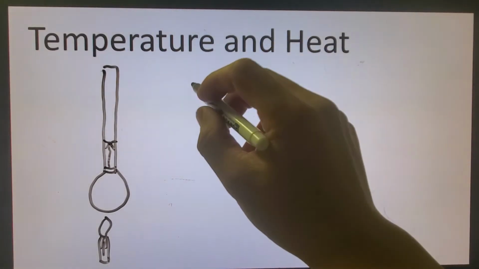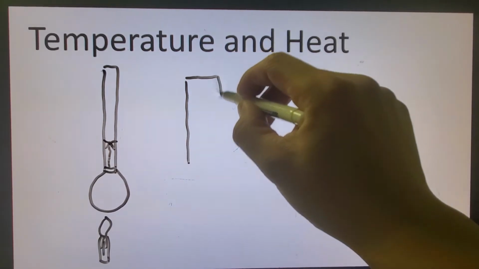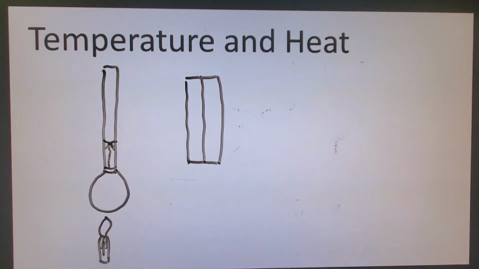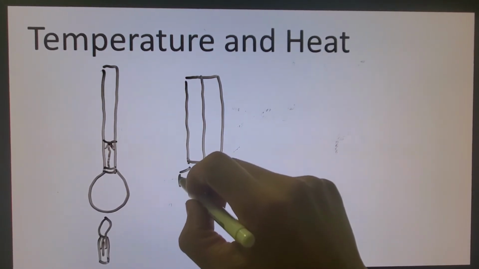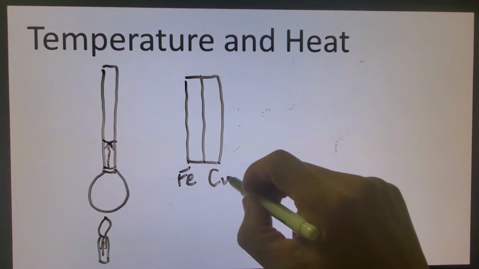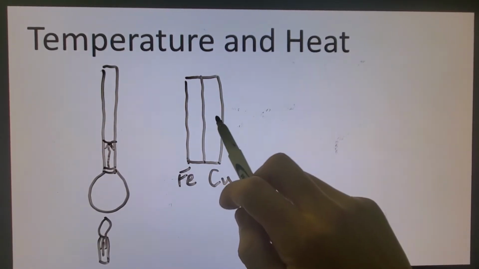There's another type of thermometer also based on thermal expansion, but you need two different materials. For example, on the left side you have iron, and on the right side you have copper, because they don't have the same thermal expansion coefficient.